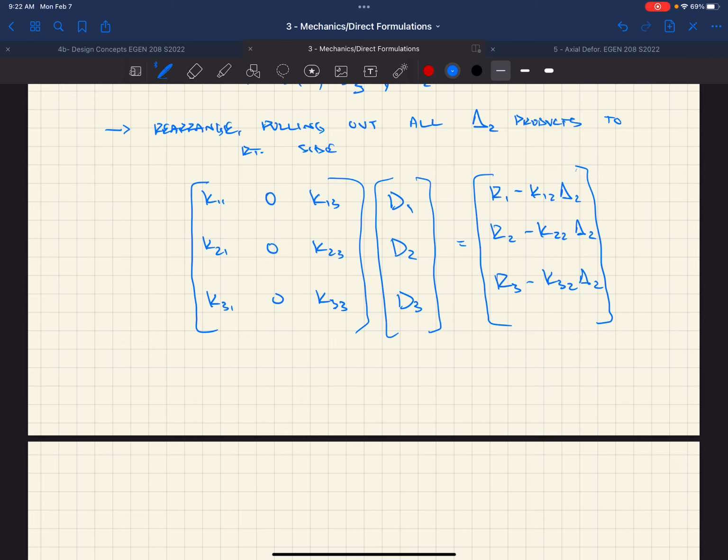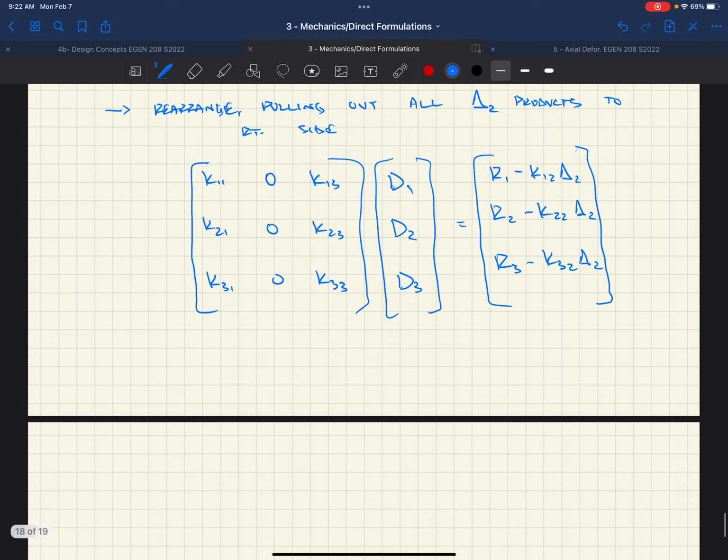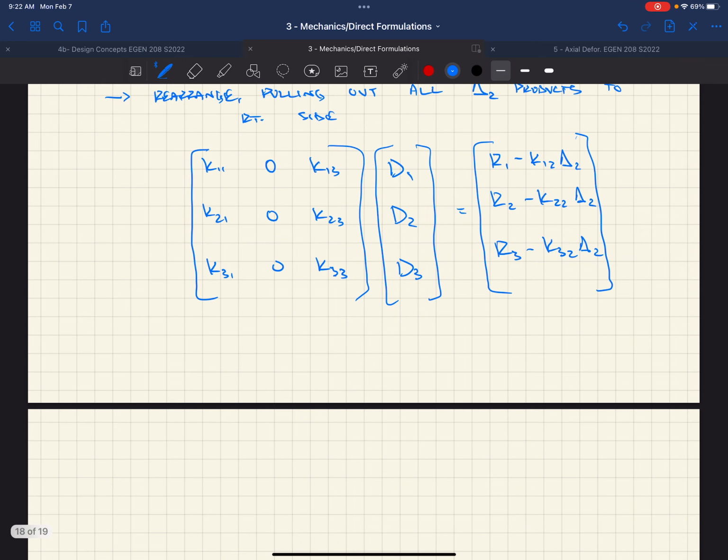And then also this quantity of R2 minus K22 delta 2 has knowns and unknowns, right? Because R2 is unknown, but delta 2 is known. Delta 2 is the same thing as D2. Yes, that's our known displacement, the displacement at 2.